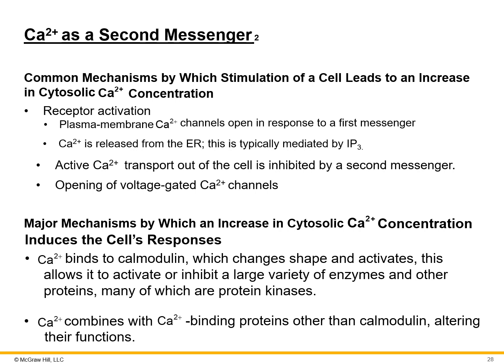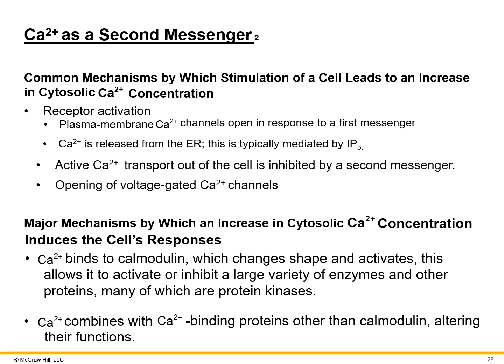Major mechanisms which can increase cytosolic calcium concentration induce the cellular response. So calcium binds to calmodulin, which changes shape. Calmodulin is the protein that calcium binds to, which changes shape and activates it, allowing it to activate or inhibit a large variety of enzymes and other proteins, many of which are kinases.